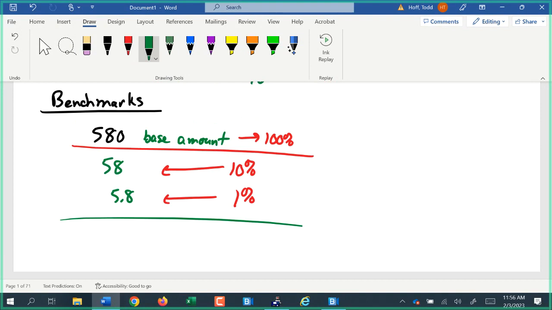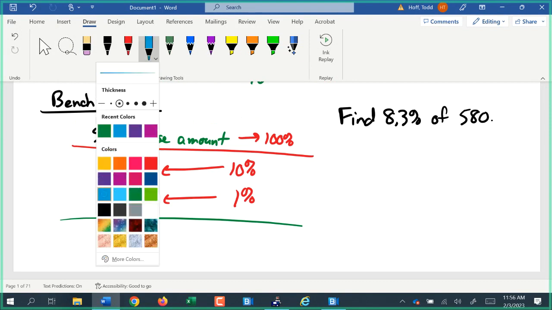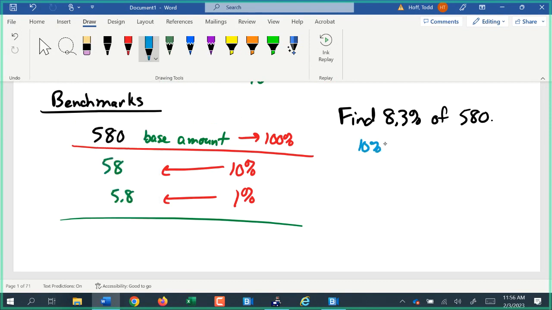First of all, if I am trying to find 8.3% of 580, I know that 10% is 58. So that means 8.3% is smaller than 10%.